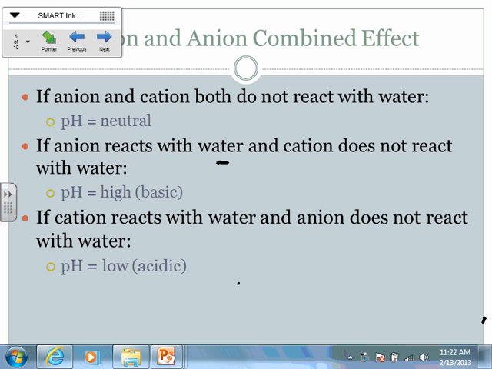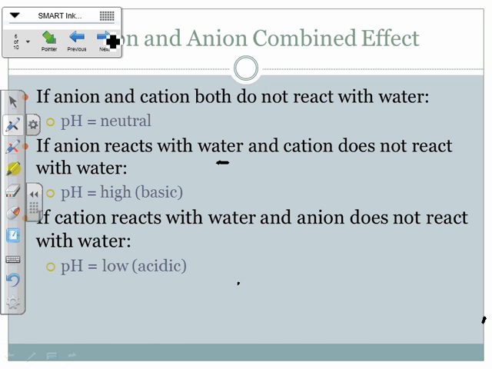If the anion reacts with water and the cation doesn't, that's going to make the pH high, because the anion is the one that's going to tend to form a base when it reacts with water. If the cation reacts with water and the anion doesn't, then it's going to be acidic.